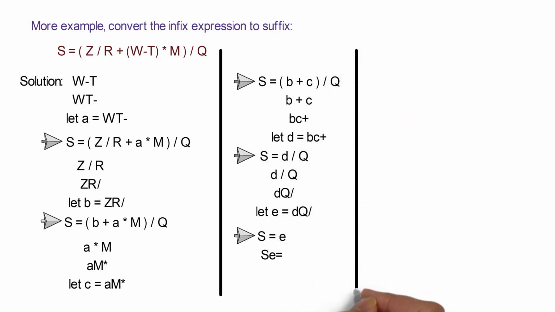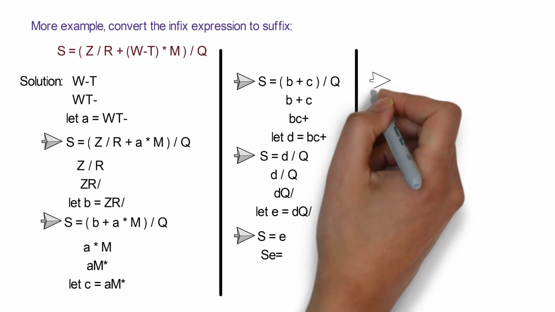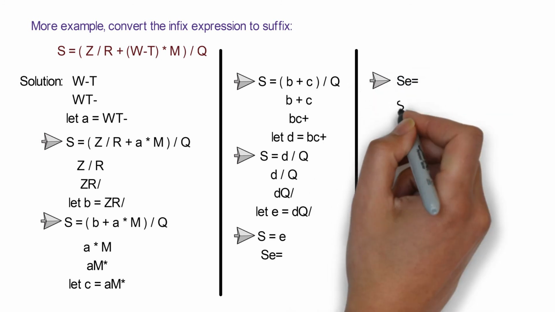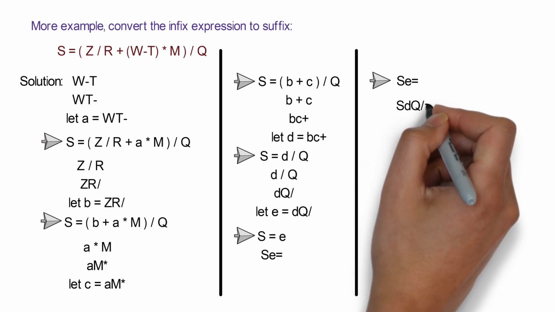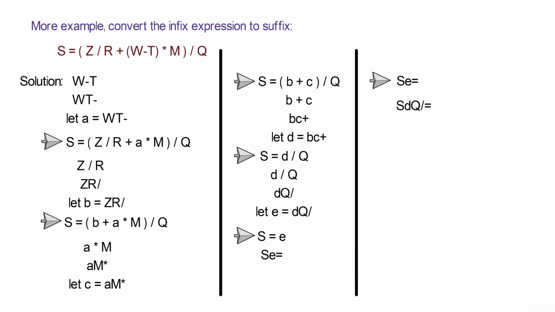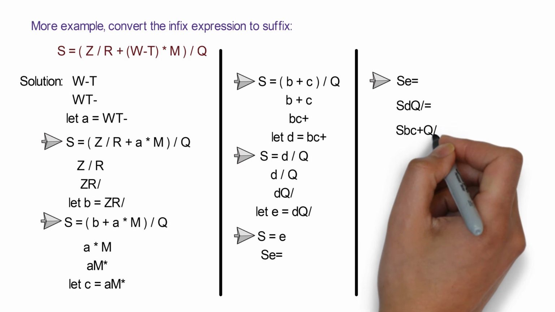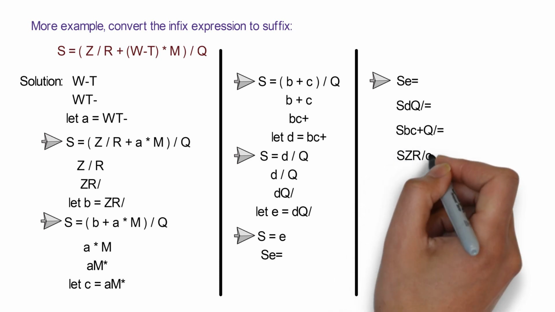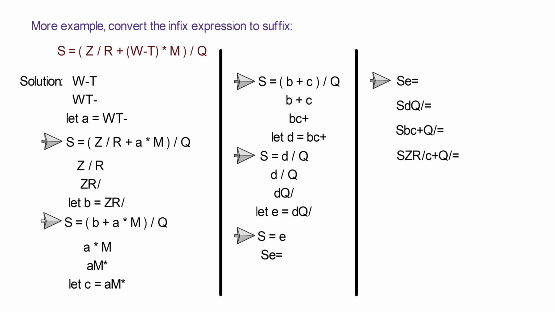Yes, the easiest part is finally here. We can now unveil E, thereby giving us SDQ slash equal to. Same goes to D, giving us SBC plus Q slash equal to. We'll do same for B, hence we have SZR slash C plus Q slash equal to.